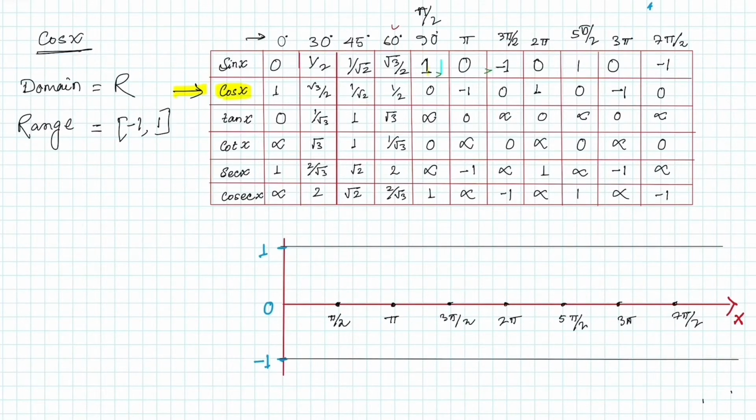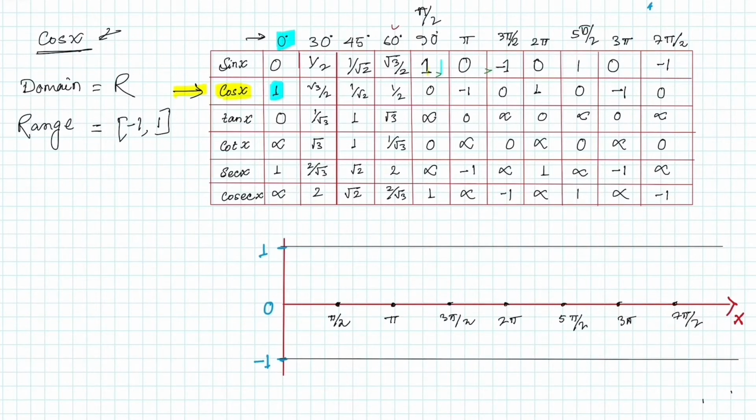It is also a periodic function, and it repeats its values after the same interval, twice pi. Here you see we are getting plus 1 at 0. At 0 degree, cos x is 1.